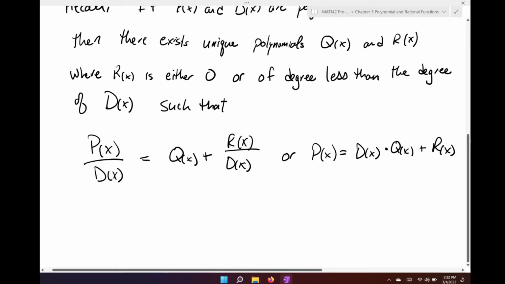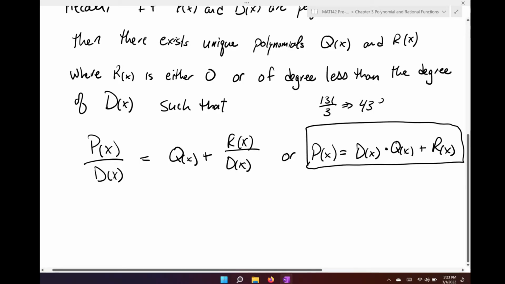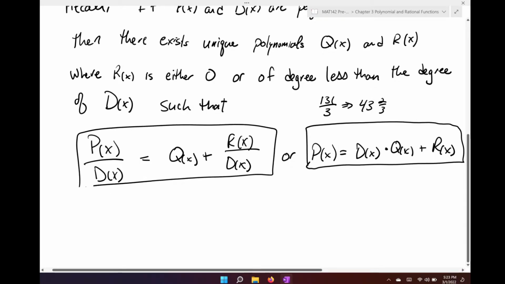Now, what I'm going to write is our problem above, but in this format. We found 131 divided by 3 was 43 and 2/3. First I'll write it over here so we can see how everything works.